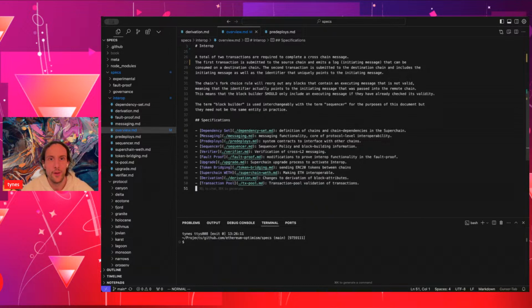All right, so let's see. A total of 2 transactions are required to complete a cross-chain message. The first transaction is submitted to the source chain and emits a log.